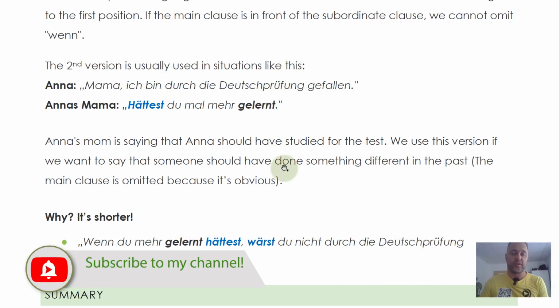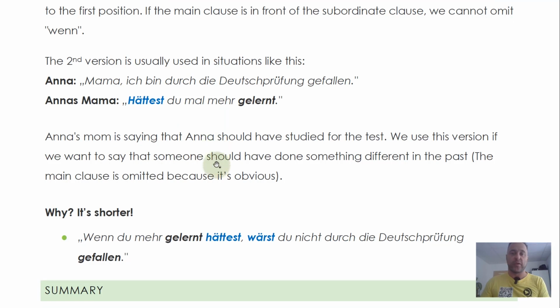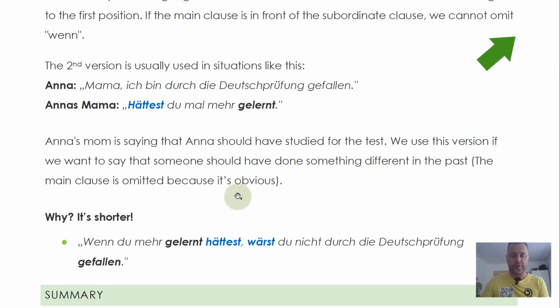So it's obvious that we're talking about this. So whenever you have a condition that is, in this case here, unreal, you can do this. I explain a little bit more about this also in my video about the when clauses, the wenn Sätze, that you will find in the info cards here for you linked as well.